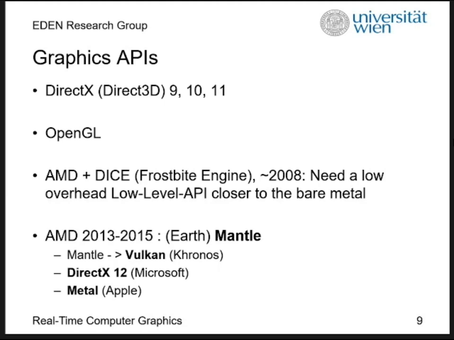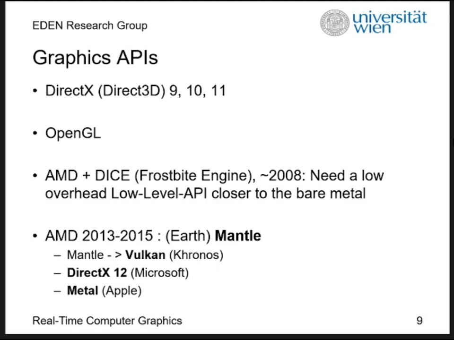So around 2008, AMD and DICE, who had been creating their Frostbite engine, said they need something better than that. They need a low overhead, low level API closer to the bare metal, allowing for multi-threading, allowing to make use of this new feature of CPUs. CPUs would have multiple cores, not only one, multiple cores, multiple threads, and also not rely on this handbrake problem. So they wanted to do something about it.